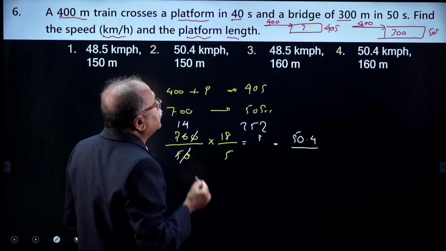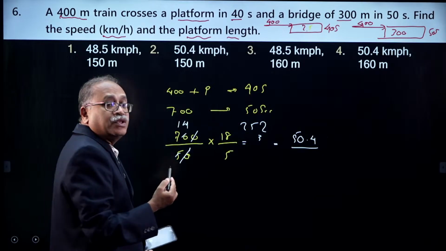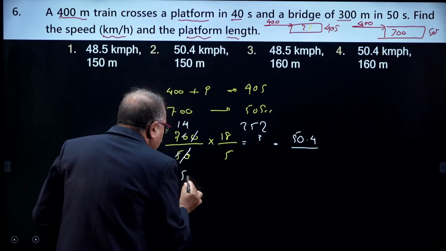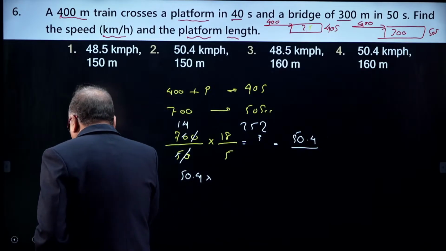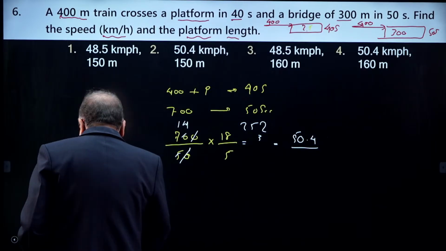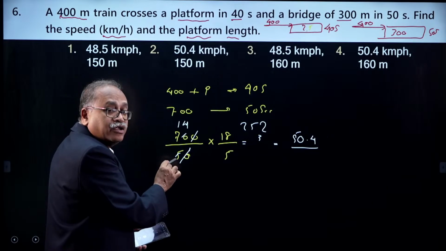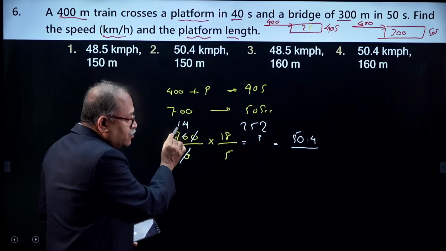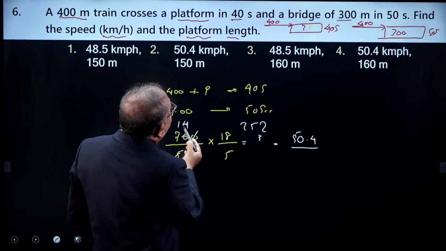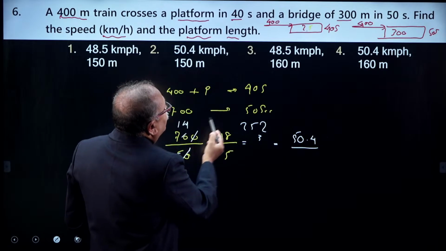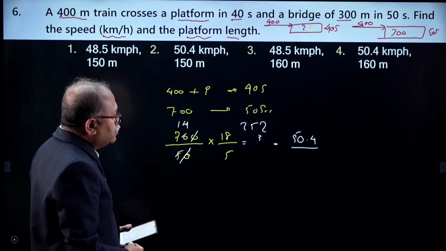So, I know that in 40 seconds it will cover how much? I know the speed over here. Okay, I need to take not kilometer per hour, here 700 meters divided by 50 seconds. So, I am getting 14 over here. Am I right? So, 14 and 40. Okay.